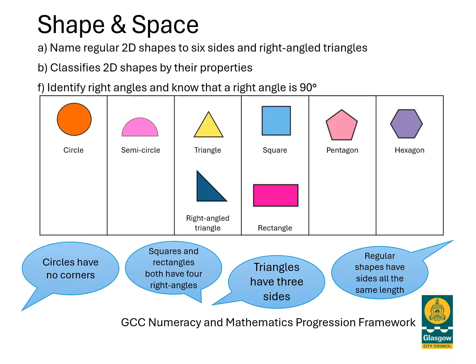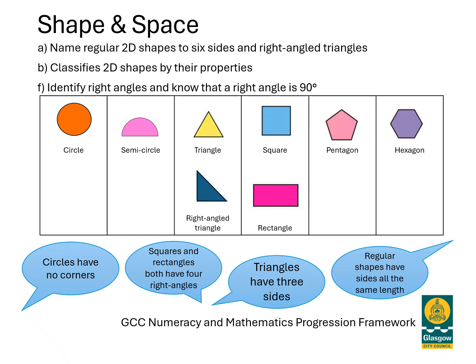So as we look at the teaching points then, we're looking at naming and being able to sort 2D shapes by their properties. In primary 2, we've introduced the family of regular shapes. And so we should be familiar with the fact that regular shapes have equal sides and equal lengths of sides, I should say, and equal angles.